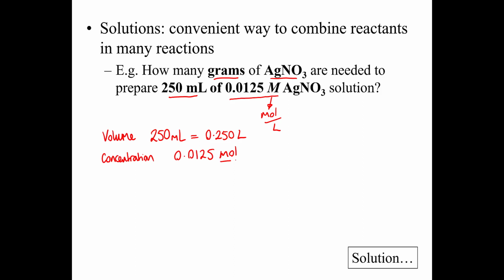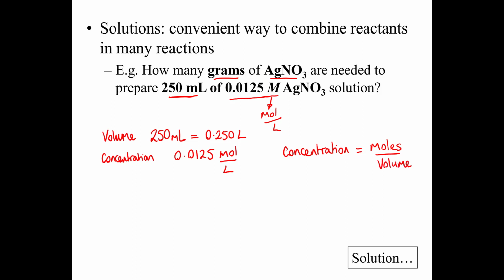I'm going to write it in terms of moles per liter. Why? Because if I know my units are moles per liter, that helps me remember the key equation: concentration is equal to the number of moles divided by volume.